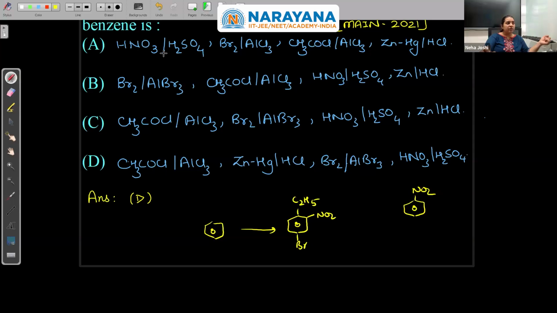So never ever we can have nitrobenzene as a first step and then Friedel-Crafts. Correct? So then comes the bromination followed by Friedel-Crafts acylation. That is a possibility. But then nitration at zinc HCl. That is wrong. Zinc HCl will reduce NO2 to NH2 also.